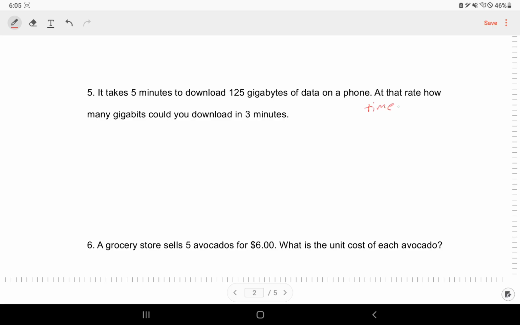Time, gigs. So 5 is 125. I would divide by 5 to get 1, and 5 goes into 125, 2 and 5.